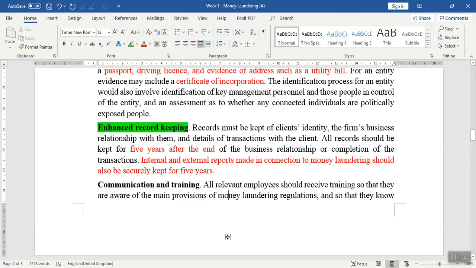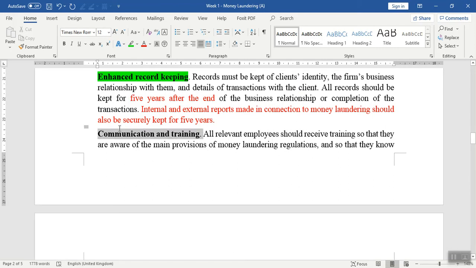The next one will be communication and training. This one is very easy. The audit firm, the MLRO team, might have to provide training to the audit staff so that they know who to communicate with. You see the keyword, communication. Who to communicate with when they discover or suspect money laundering?